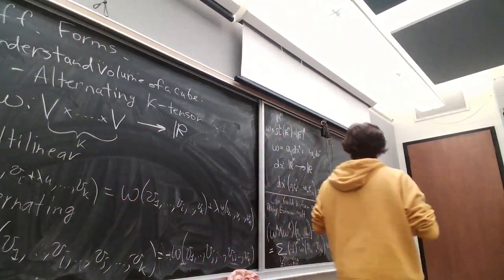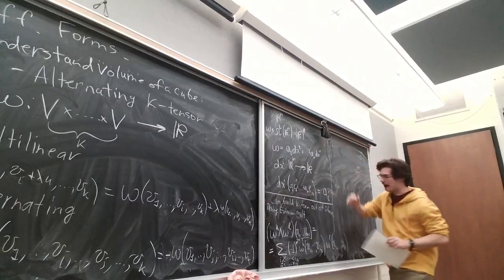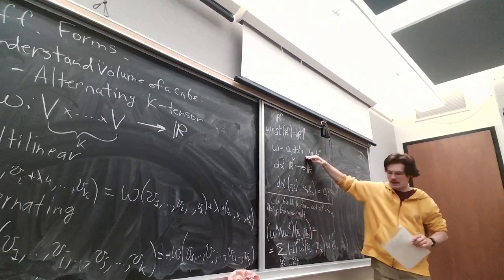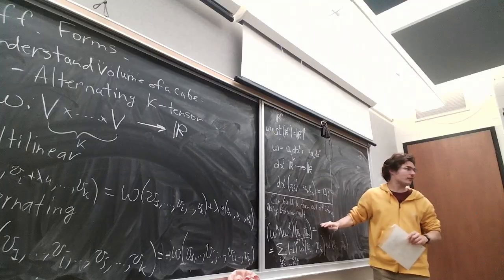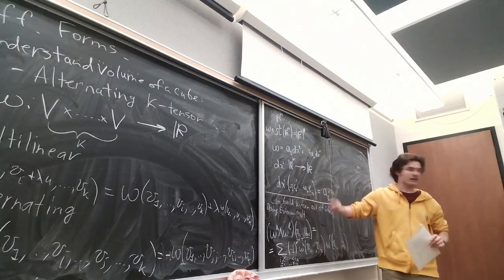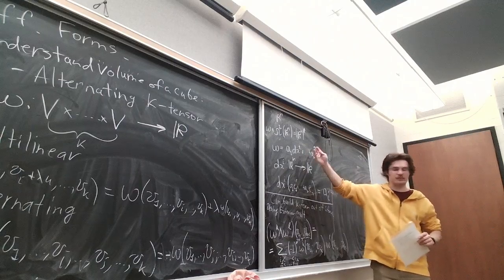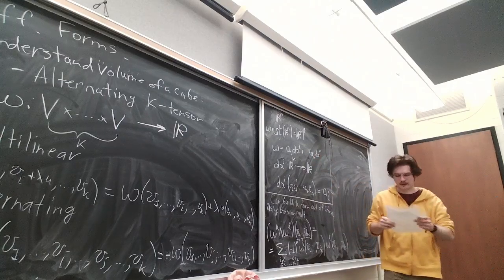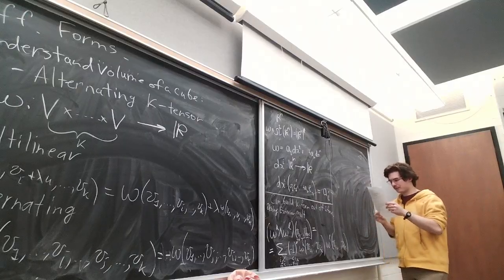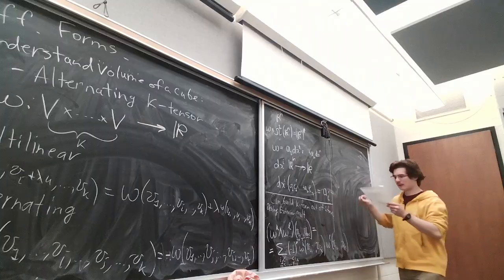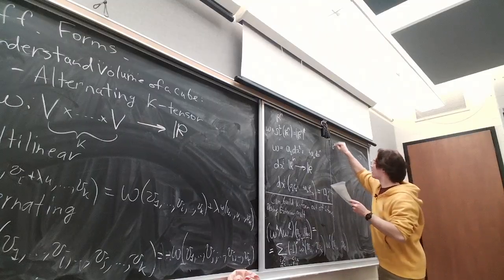And so it turns out that using linear functionals, I can now build forms of any degree. I just need to wedge enough dxi's to get a k-form, k plus 1 form, whatever. Okay? And so I'll give you an example.